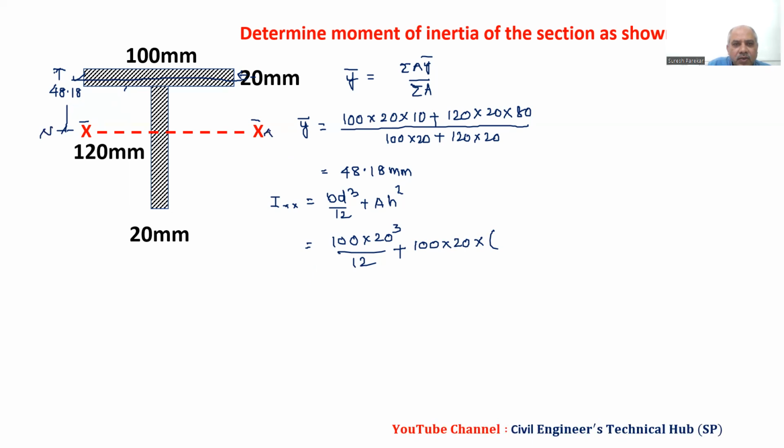So this distance will be 48.18 minus the y bar we had taken to calculate y bar.